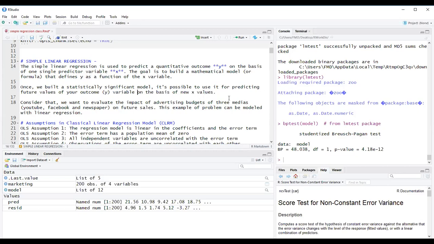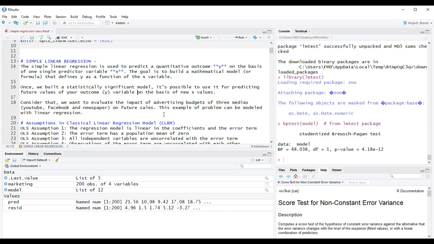For example, we'd like to predict what your y value will be given a particular value of x. So simple linear regression is used for that. Not only for explaining more your outcome variable y, but it's also used for predicting.